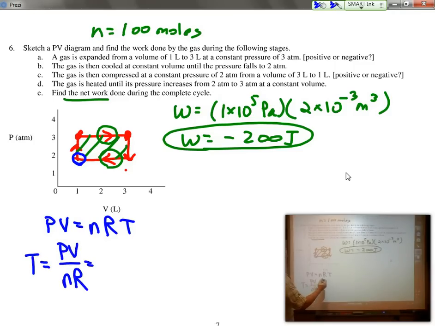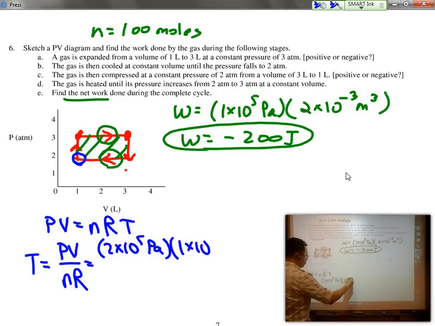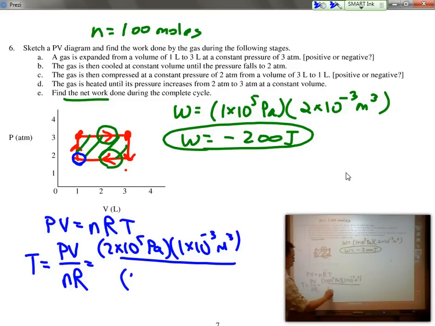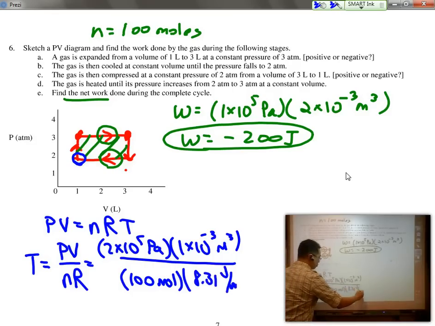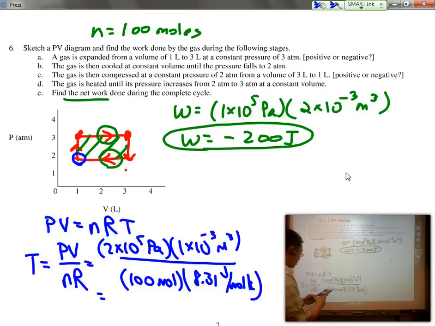So that would equal 2 times 10 to the 5th pascals times 1 times 10 to the negative 3rd meters cubed divided by 100 moles times 8.31 joules per mole Kelvin, which gives me a final answer of 0.24 Kelvin.